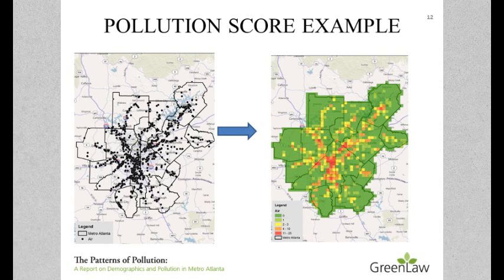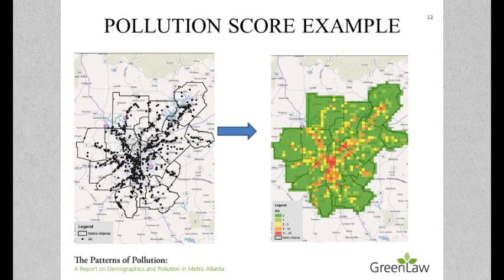It ranged from, for most of the blocks, those that you see in green, 0 facilities. The blocks in red had between 11 and 25 air emitting facilities within a 10 square kilometer area. What I hope you can notice in this map is that the distribution of the black points on the left and the distribution of the reds, oranges, and yellows on the right follow the same pattern.